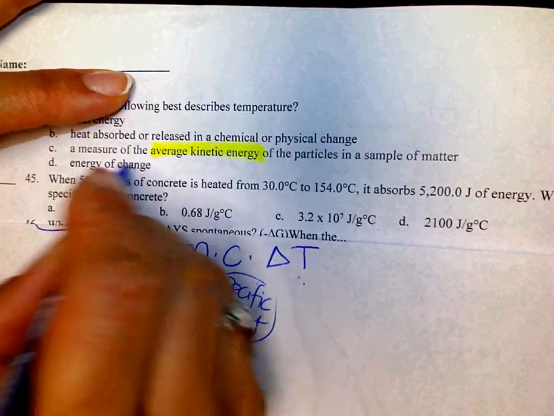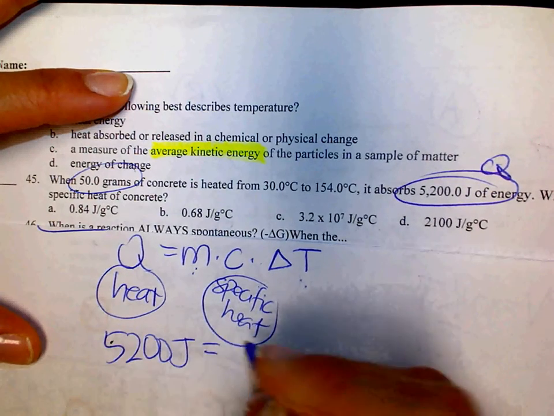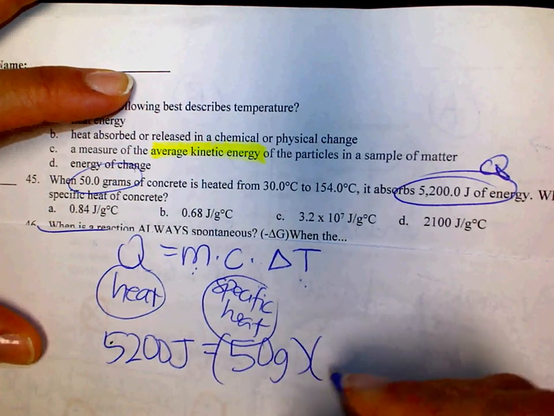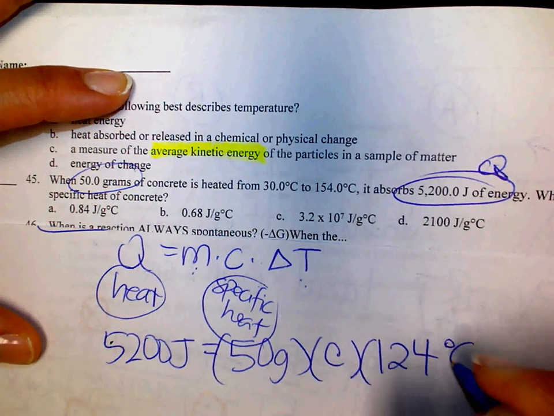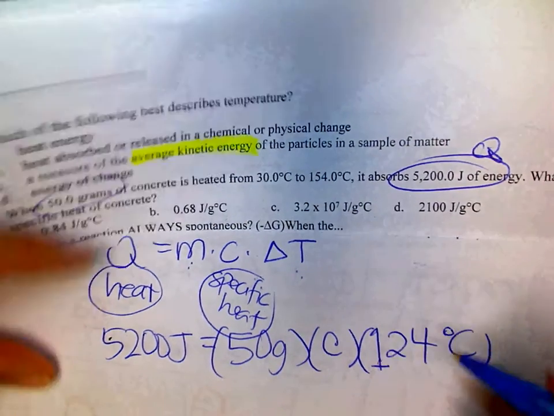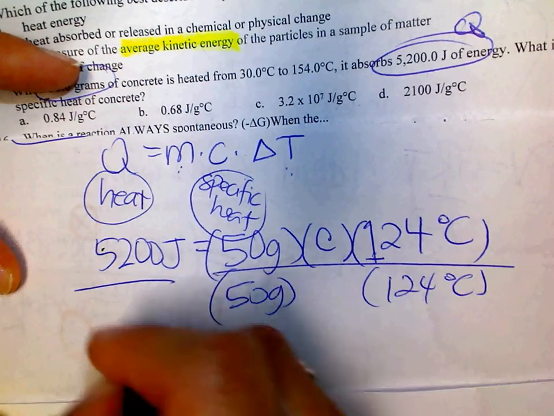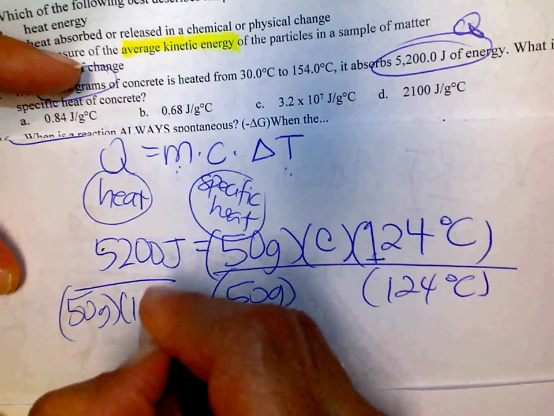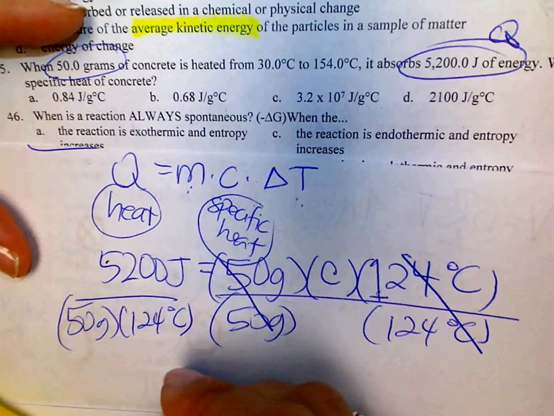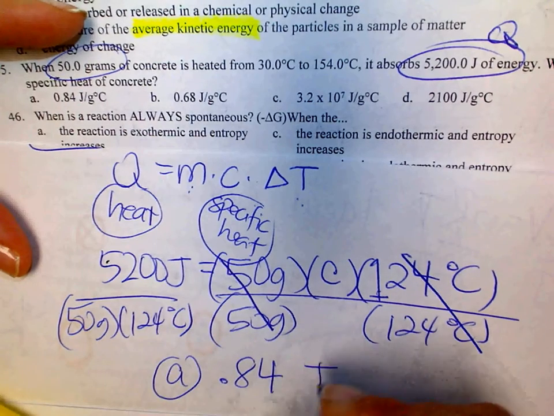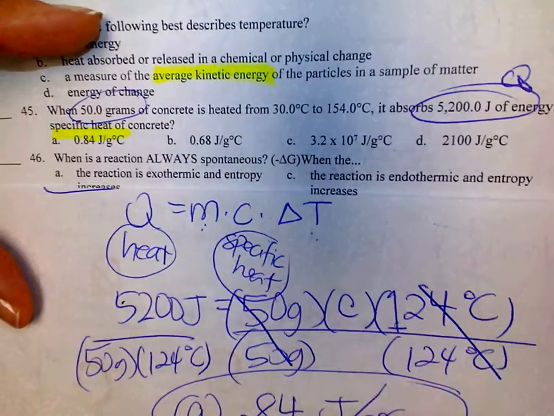This right here is your Q. 5,200 joules is equal to the mass of your concrete times the specific heat, which we don't know, times the temperature change. You don't have to convert to Kelvin here. Divide both sides by m and temperature change. All right, that's 45.